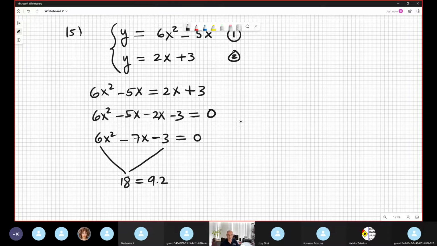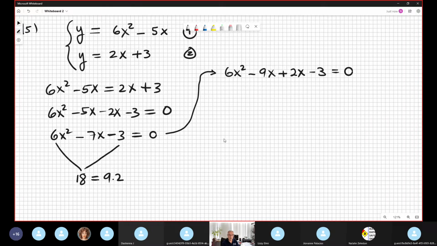And now you split this equation like this: 6x squared minus 9x plus 2x minus 3 equals 0. The only thing I did, guys, was split the 7 into 9 and 2, with the corresponding signs. Because if you combine later one more time, negative 9 and positive 2 is negative 7, and we come back again to this.